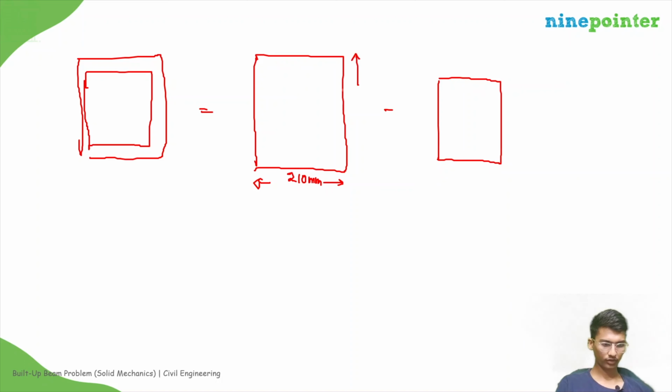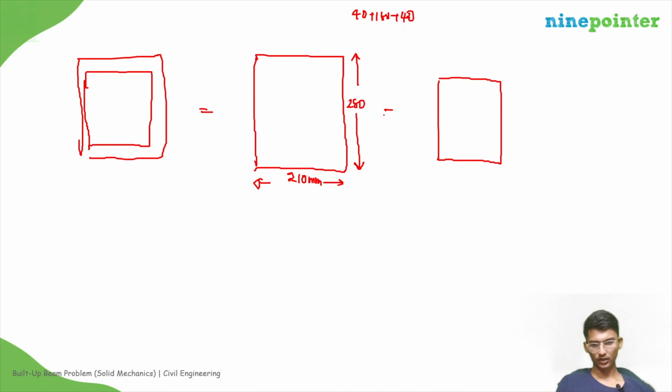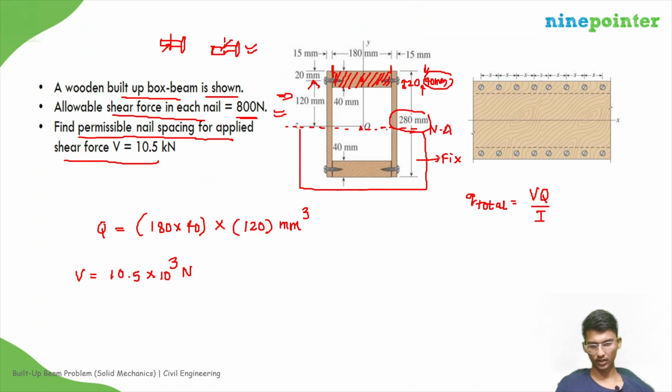And this will be 280, because 40 plus 180 plus 40. Sorry, this is already given as 280. So this one is 280, minus this. This one is minus, right? This is 180, and this, you see over here, is 280 minus 40 and minus 40, so that will be 200.